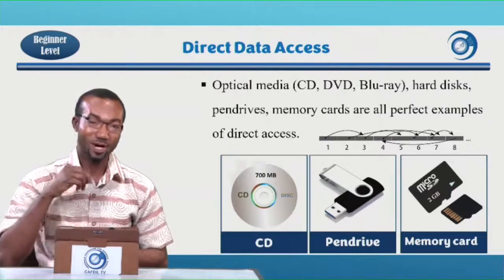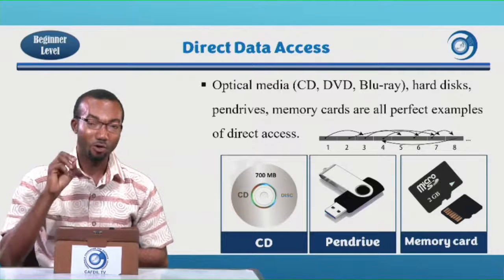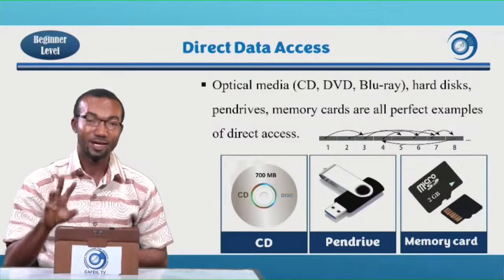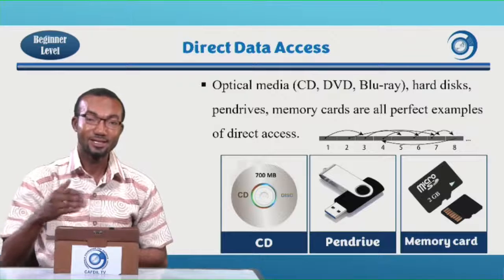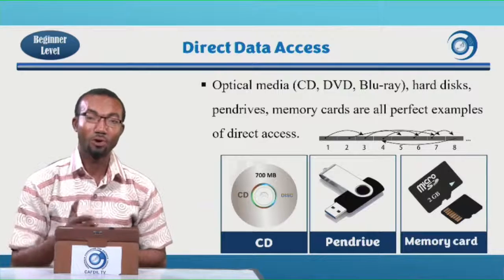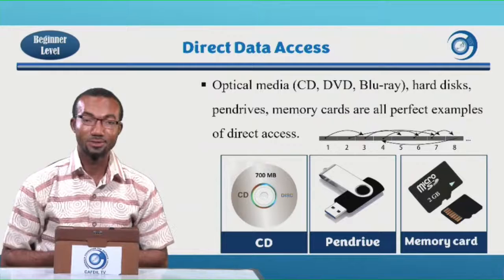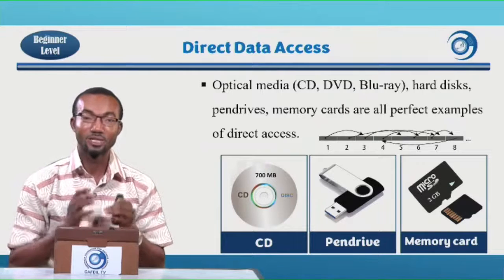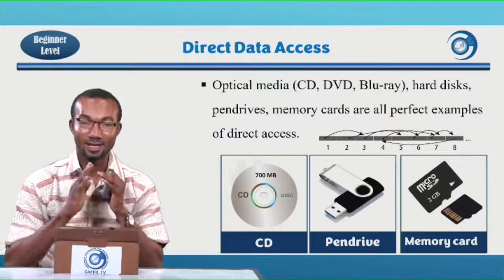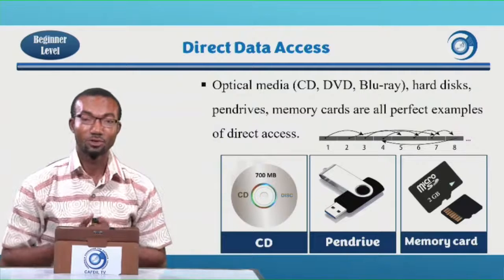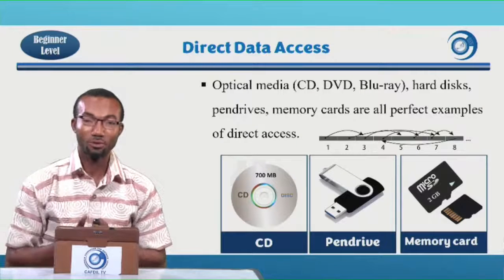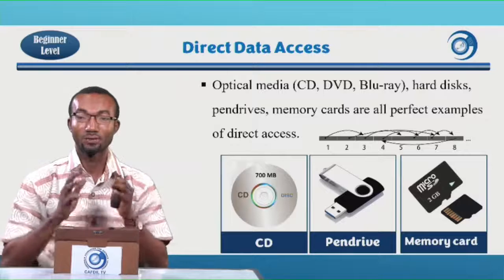So when it comes to accessing data on storage media, there are two ways: either a serial access is used or a direct access is used. With the serial access, we gave the cassette tapes as the perfect example, because you have to pass through all the records before you can get to the required record.